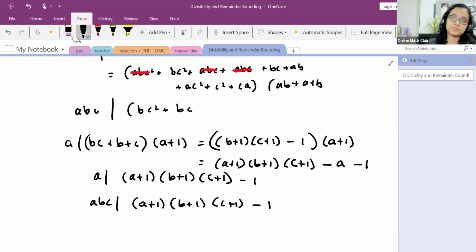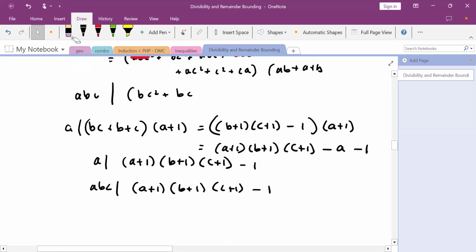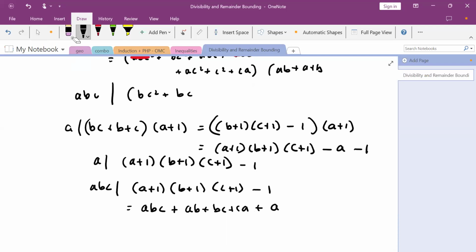Now you have to expand, and you get that ABC divides AB plus BC plus CA plus A plus B plus C. And I think from there you can do some size arguments.